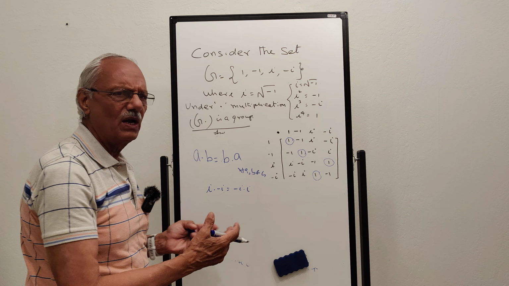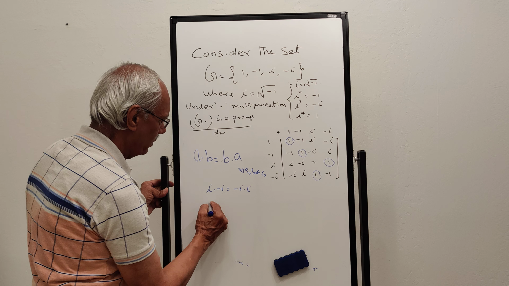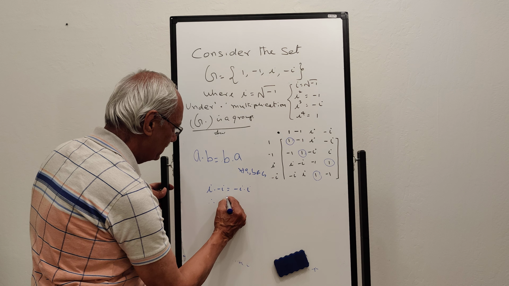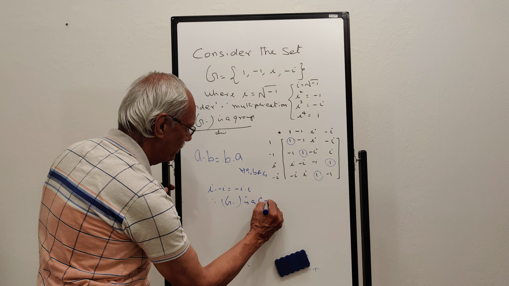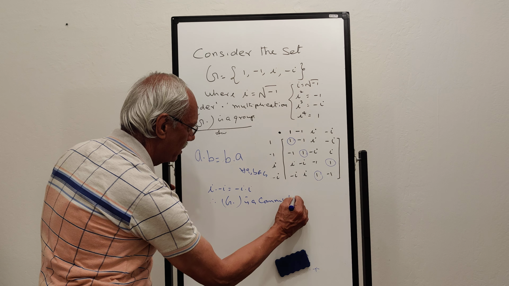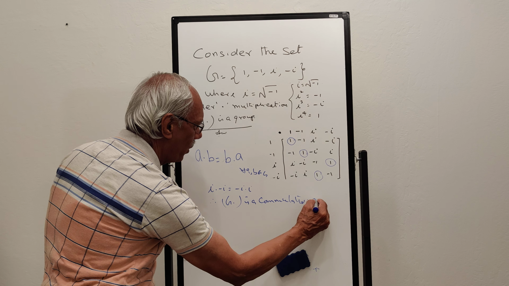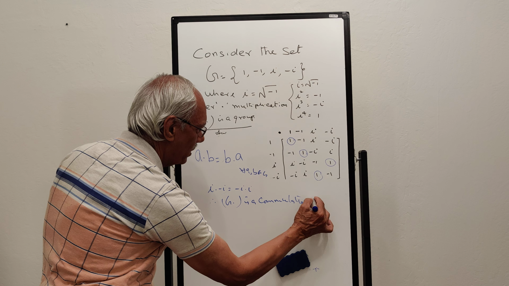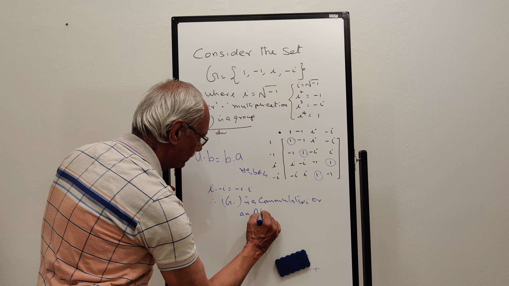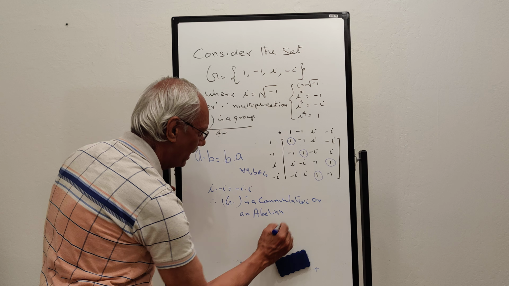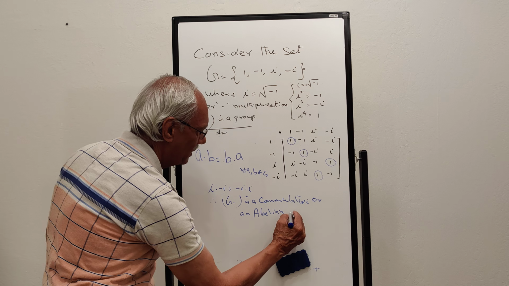So this is true for all elements. Therefore, (G, ·) is a commutative group, or an abelian group. You call it an abelian group or a commutative group.